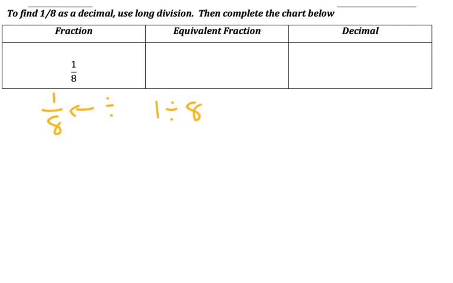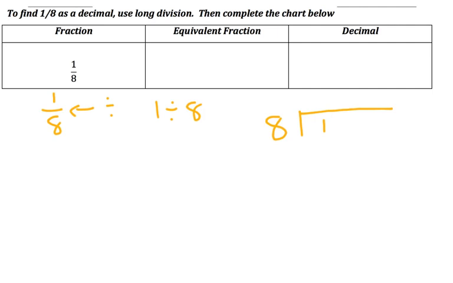You can always do that to find the decimal equivalent of a fraction. To do 1 divided by 8, don't get confused with the order. Whatever you're dividing up, which is the 1, goes inside the division house, and then we're breaking it up by 8, so that goes on the outside.